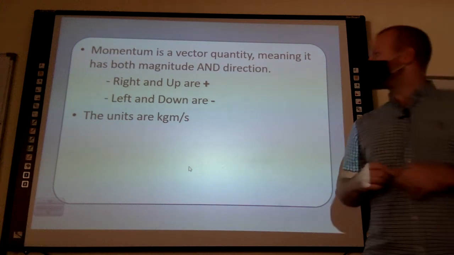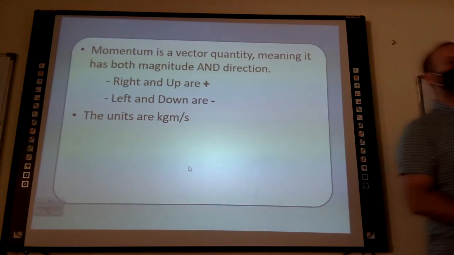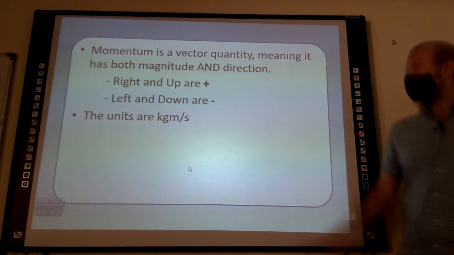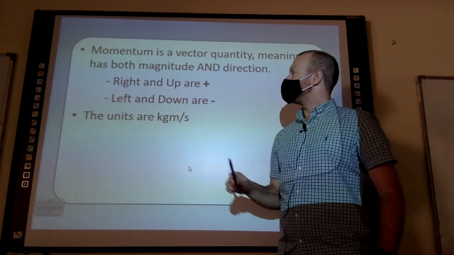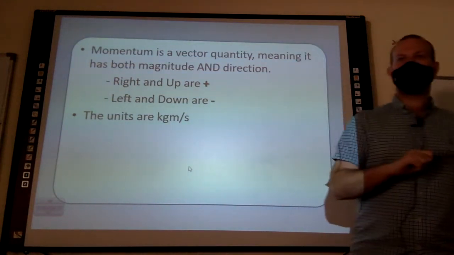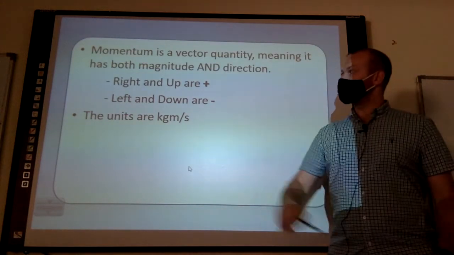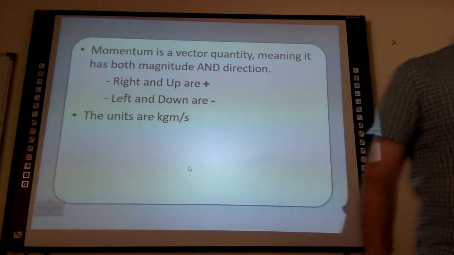The unit is kilogram meters per second. You can get that from your equation, since it's mass times velocity. Mass in kilograms, velocity in meters per second. Time will be in there somewhere once we get into seconds, but it's not in this direct equation.